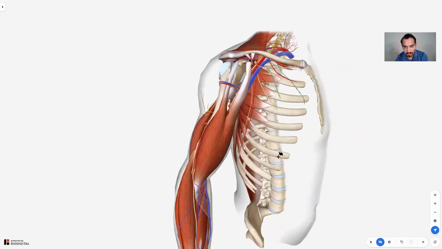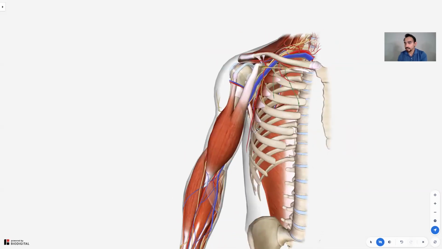Let's quickly recap the functions of biceps. Biceps is a shoulder flexor. And there is that unique function I told you about: when you externally rotate and want to do abduction, the long head of biceps is in that plane, which allows it to perform this action.